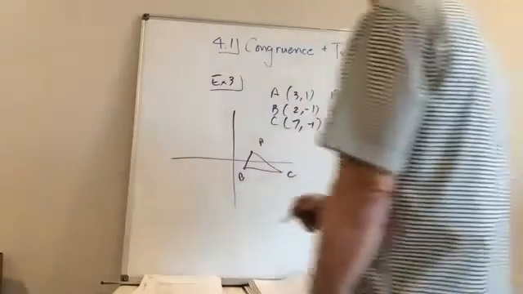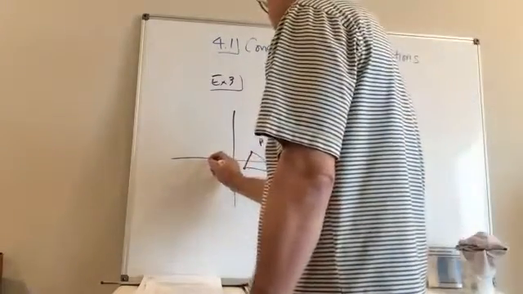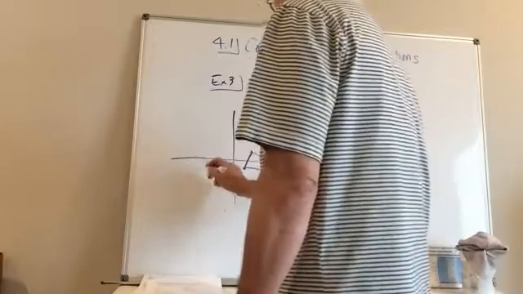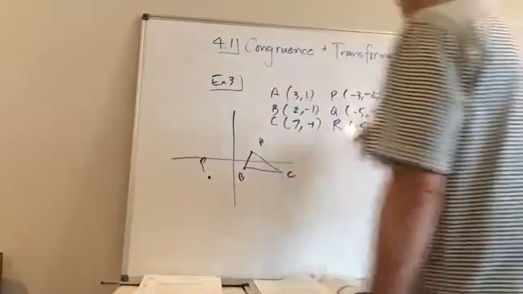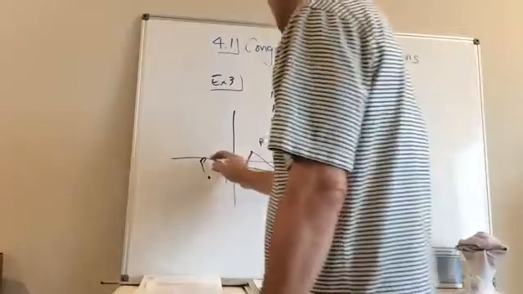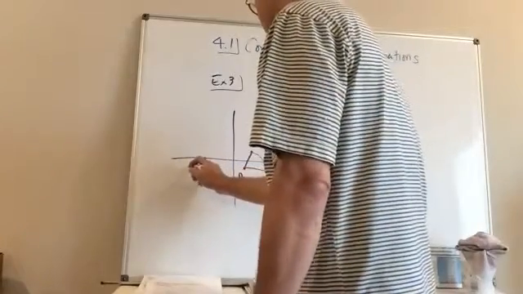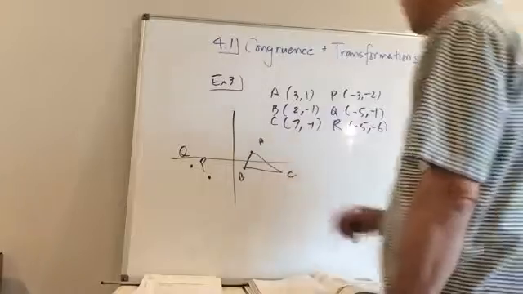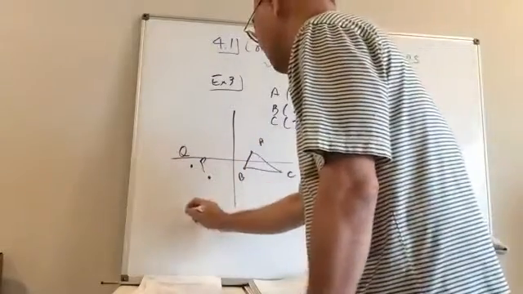P is negative 3, negative 2, so that's P. Q is negative 5, negative 1, so this would be Q. R is negative 5, negative 6. So if we go down here.